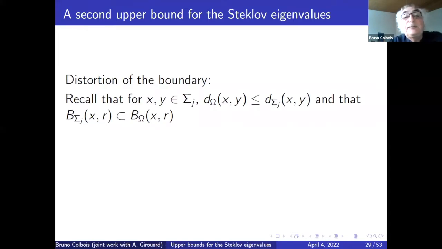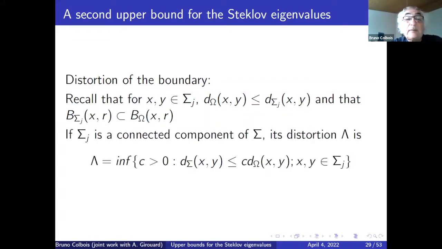It means that the ball for the intrinsic metric is contained in the ball for the extrinsic distance. But maybe it is very different or not too different. So the distortion measures the difference between these two distances, exactly like this constant, so that this distance is less than a constant times d omega.